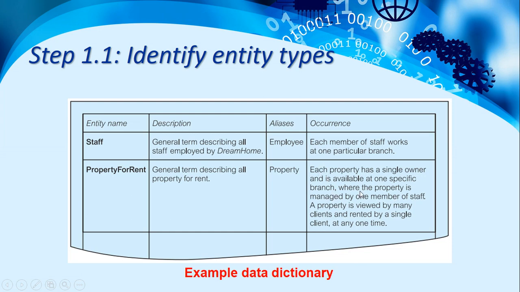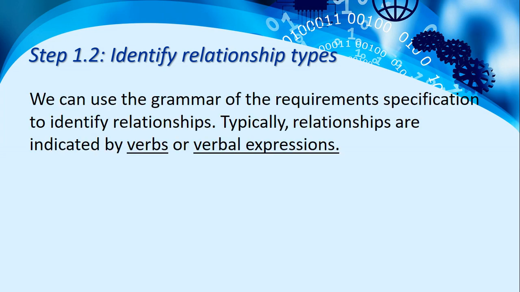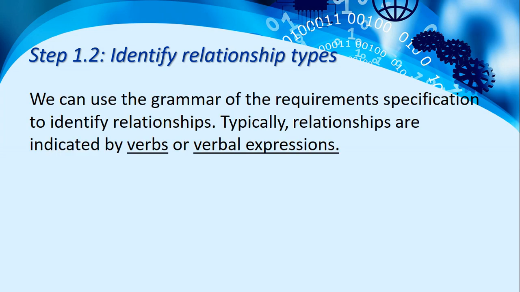Moving on, the next step is to identify the relationship types. What relationships exist between the entities, which entities have relationships, and what kind of relationship they have.